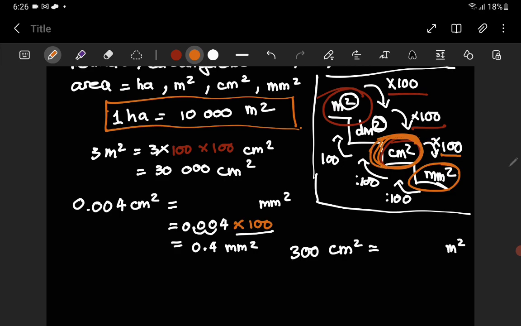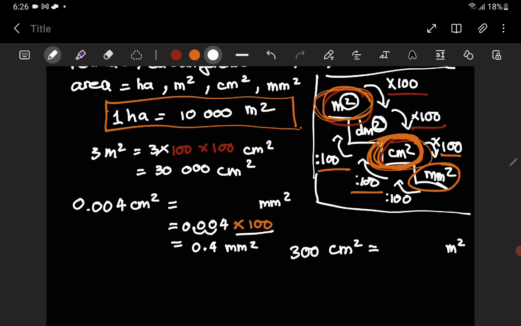From the centimeter square, the starting point, to the meter square, the finishing point, how many steps do you need to go? You need to go up 2 steps, and each one is divided by 100.